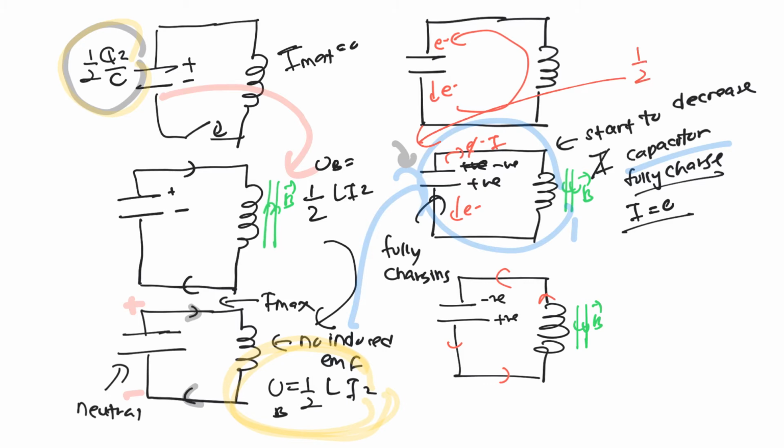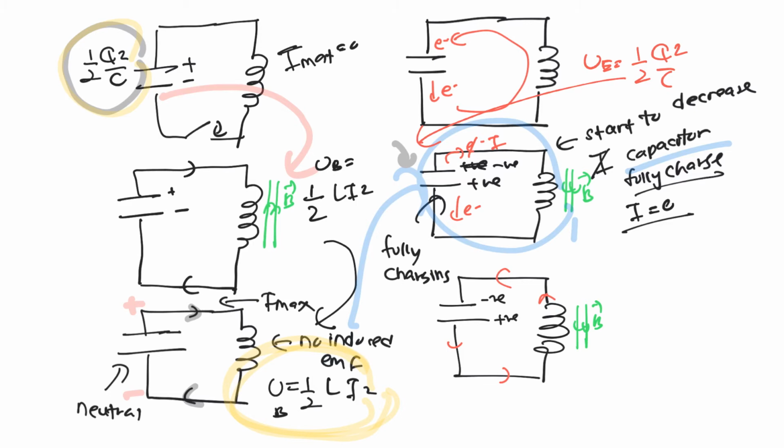So it's going to be stored inside the electric field of the capacitor. Once the capacitor is fully charged and the current is 0, it starts to fall and then it starts to discharge.